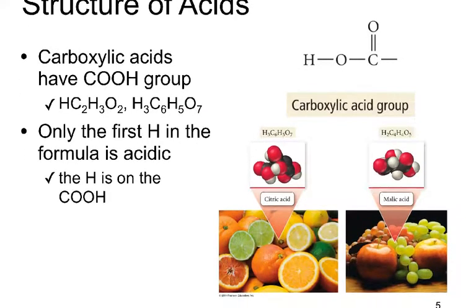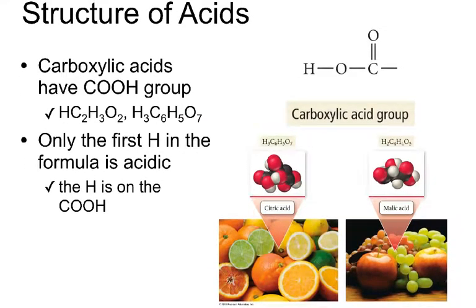That comes in handy when we're talking about carboxylic acids. Carboxylic acids have this COOH group, so a carbon double bonded to an oxygen and then another oxygen with a hydrogen. That hydrogen is acidic, but other hydrogens in organic molecules are not necessarily acidic.